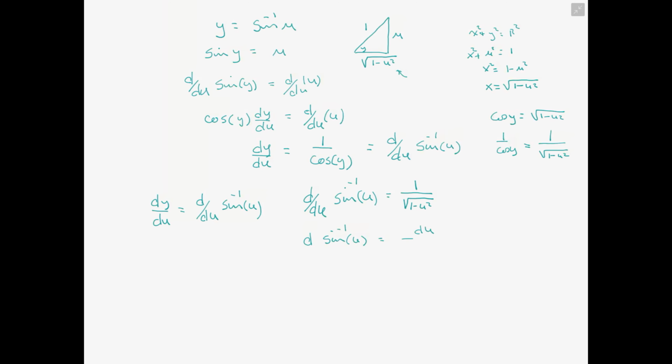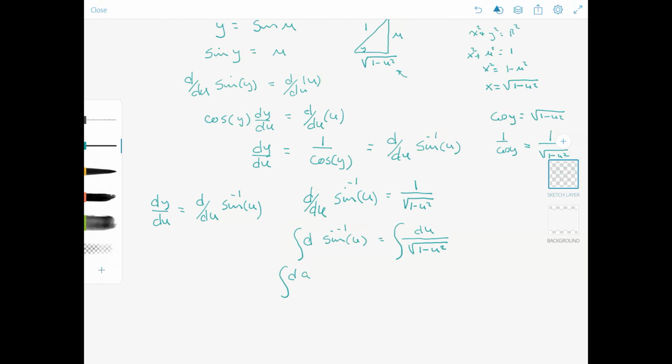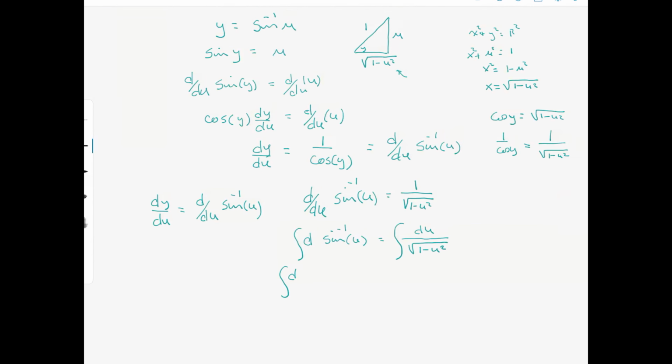But then if we multiply across by du, we get d arcsine of u equals du over the square root of 1 minus u squared.